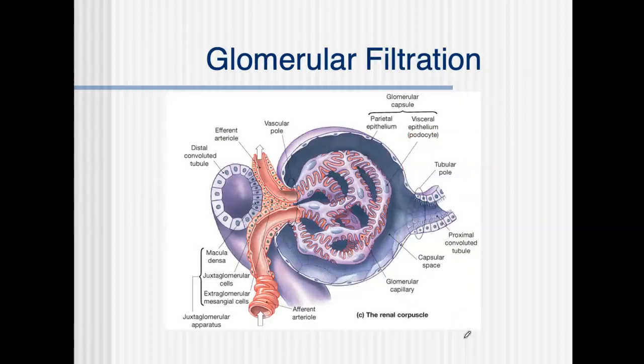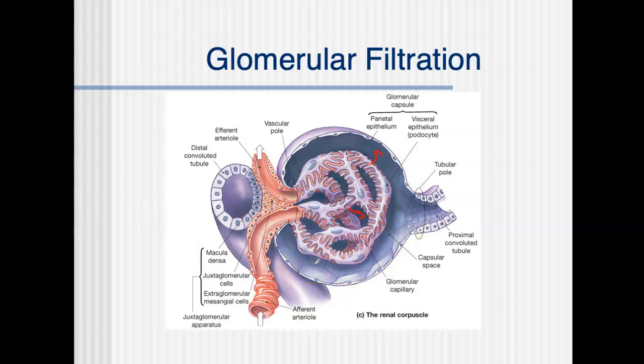Okay? I think what I want to do, let's go a few more slides here. So if this is afferent coming in, notice on the inside now how through these filtration sites, this is going to all filter out and land in this capsule here.